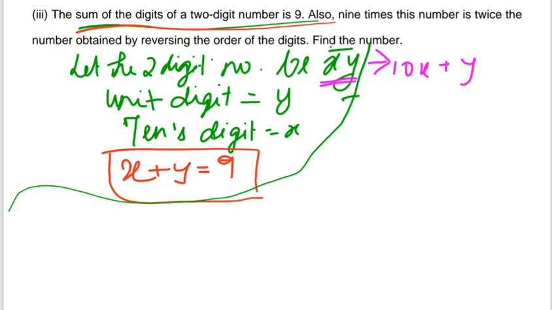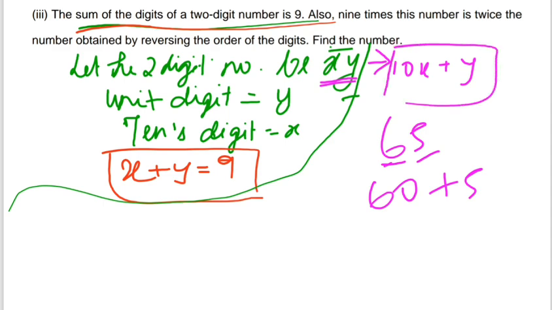Let's say 65 as a number, with a unit digit and a tens digit. Now we can also write this as 60 plus 5. Am I right or wrong? So we can also write it as 60 plus 5, that is 65. So similarly we are writing 10x plus y.